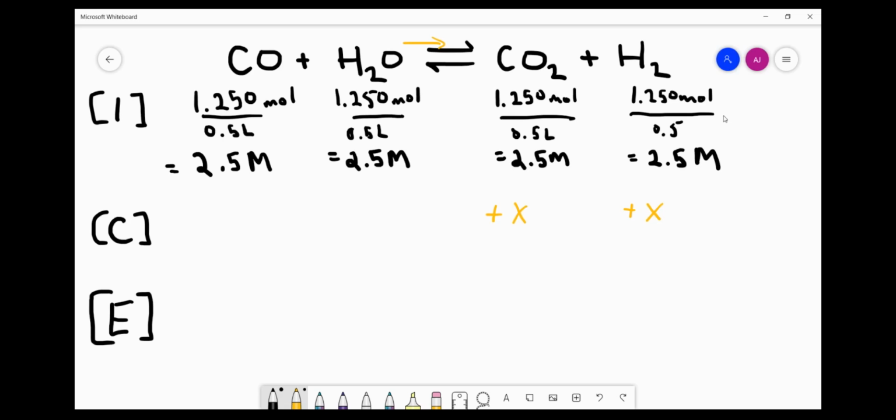For every 1 carbon dioxide which is produced, we consume 1 carbon monoxide. And we consume 1 water. So we don't know the extent of the change. We don't know how big the numerical value is on x, but we do know the ratio in which they change, a 1 to 1 to 1 to 1 ratio.